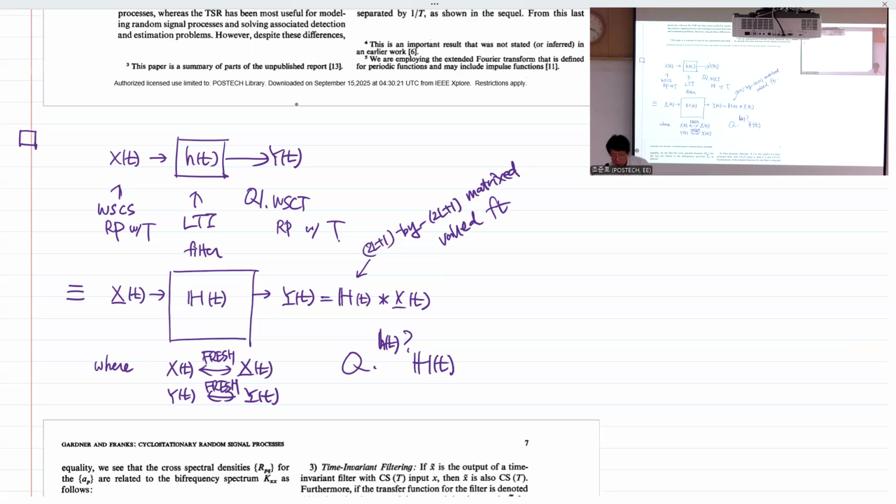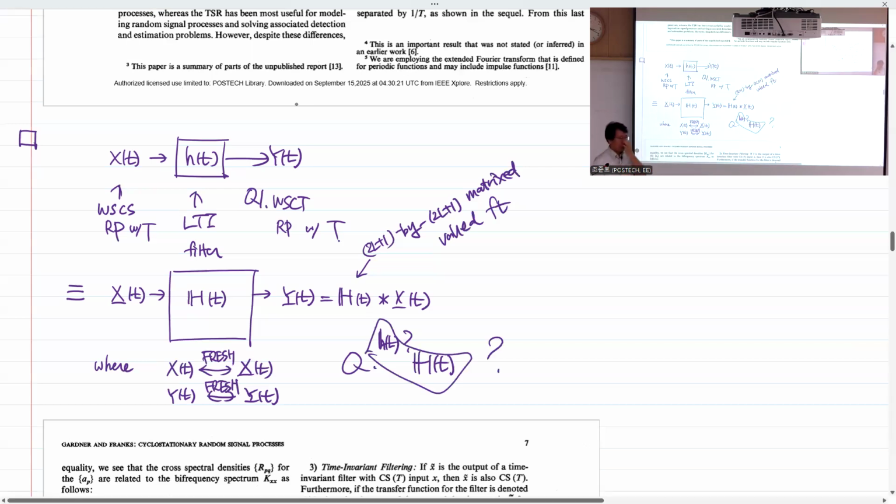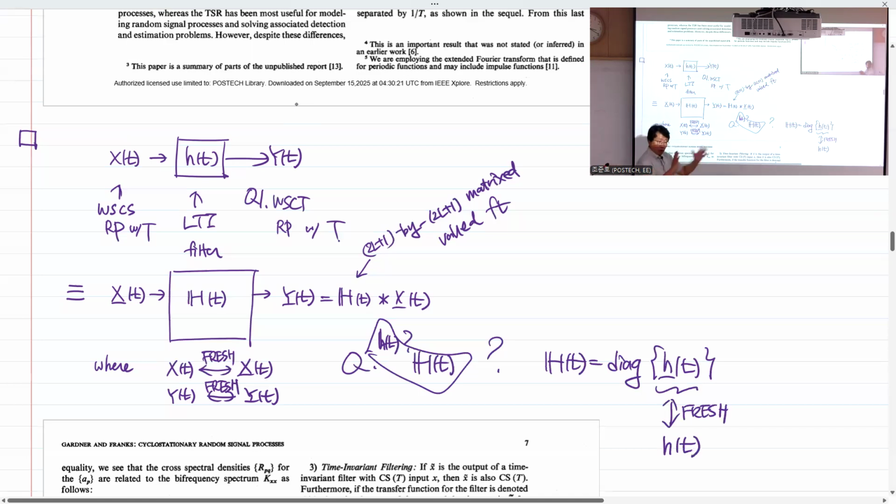So question is, what is the relation between these two? What would be the relation? And the answer is actually, I will give you the answer. It's a diagonal matrix valued function with this one. Here, this is the fresh vectorized version of H. So H of t is just a deterministic function.